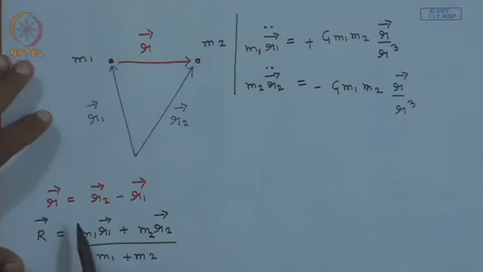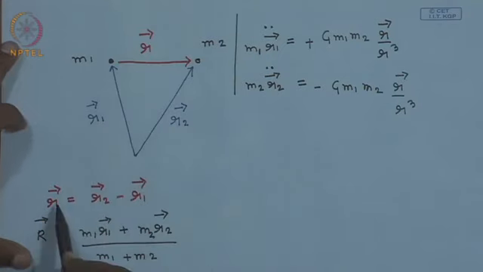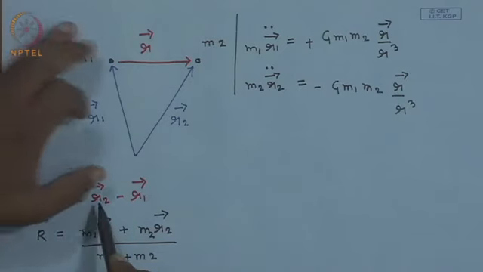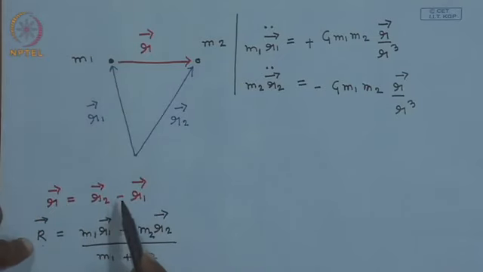So, instead of using r1 and r2, we shall now be using the relative displacement and the center of mass to describe the system. So, we had two vectors, we again have two vectors, and we can equivalently use these two instead of these two.